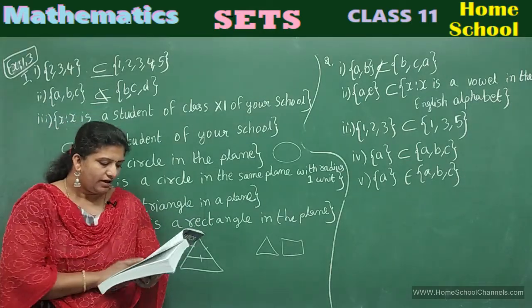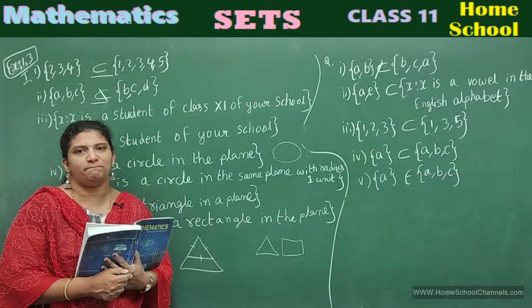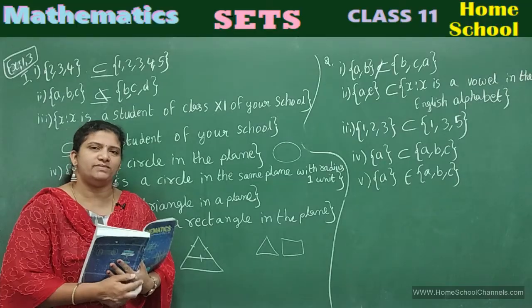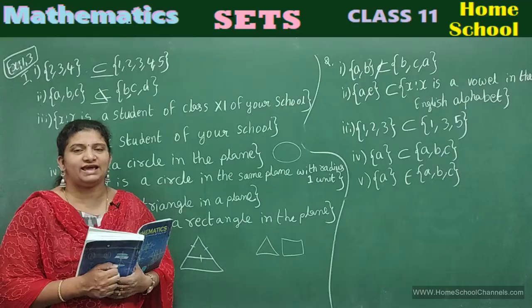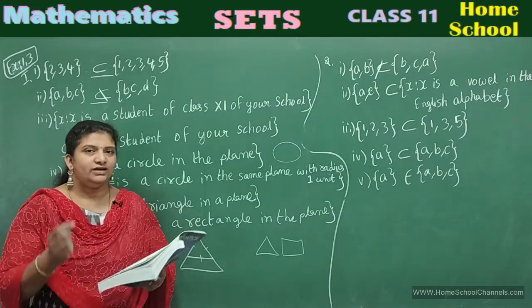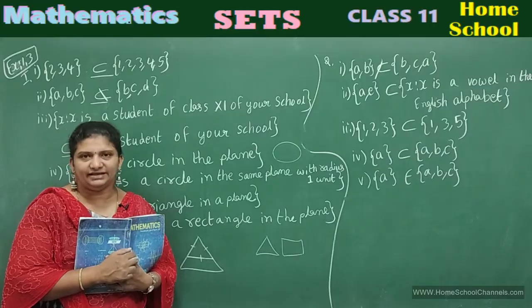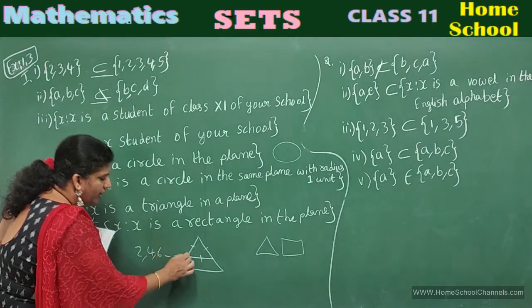Next one, {x such that x is an even natural number}. What we need to remember? Even natural numbers start: 2, 4, 6, 8, and so on, right? What is the other set? {x such that x is an integer}. See here, 2, 4, 6, and so on.